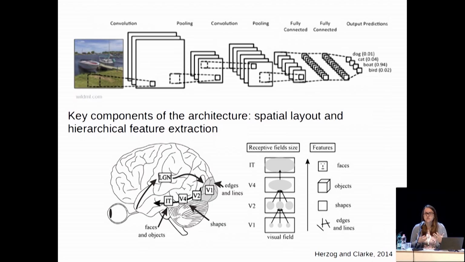The receptive field size of the neuron, so the area in visual space that a neuron responds to, gets larger as you go through the cortical visual areas, and the features that the neurons respond strongly to get more complex. So in primary visual cortex, the neurons respond strongly to lines at different orientations. Then you have cells that respond to edges, up to full shapes and objects, and eventually things like faces.